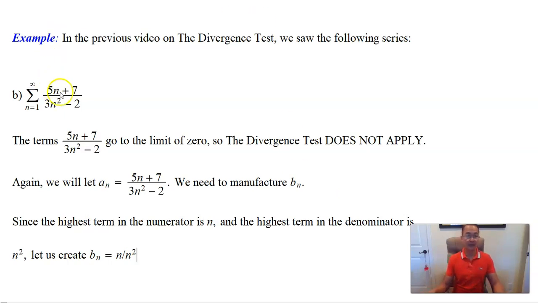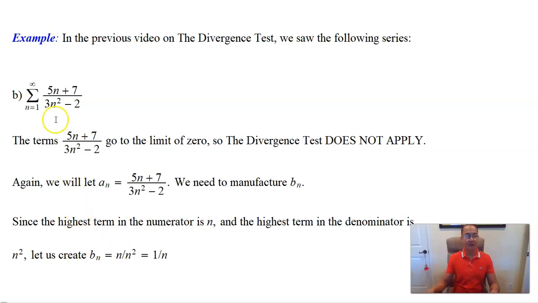That's practically n, and if you say, well, what about the 5? If you want the 5, go ahead, but I'm not going to do that. It's simpler if we just use n instead of 5n and n squared instead of 3n squared. But once again, by the rules of exponents, basic algebra, that's just 1 over n.